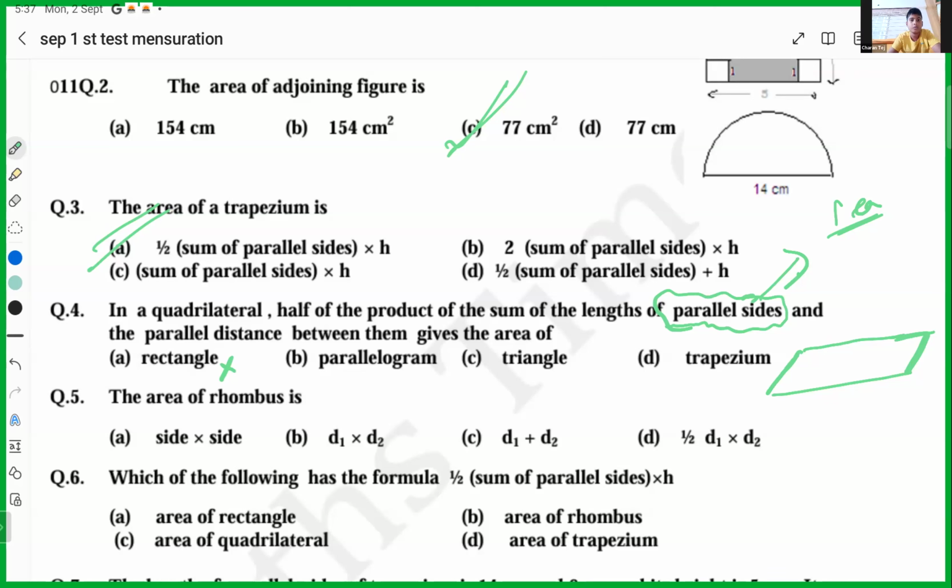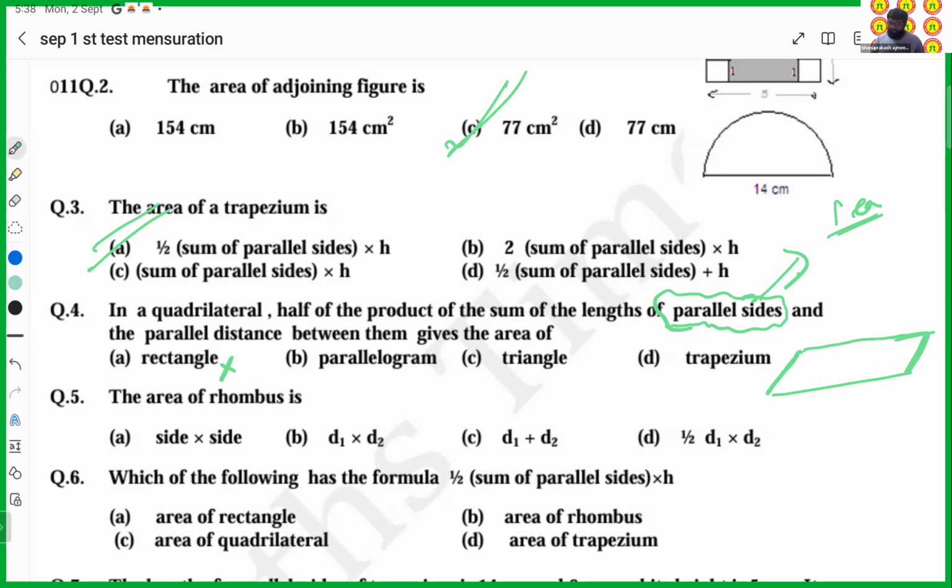Height into base, sir. Base into height, sir. Parallelogram area is what we discussed in the class; I also sent notes on it. Base into height. So half into base into height.